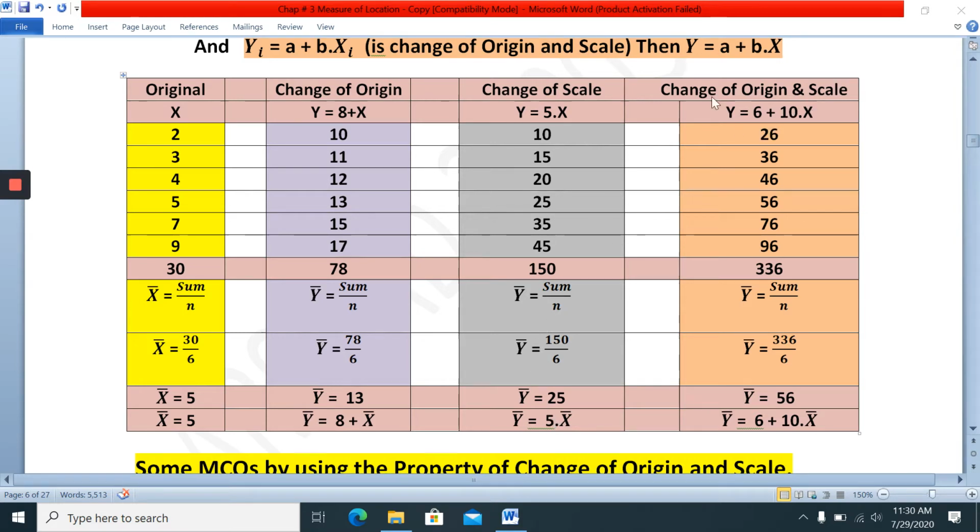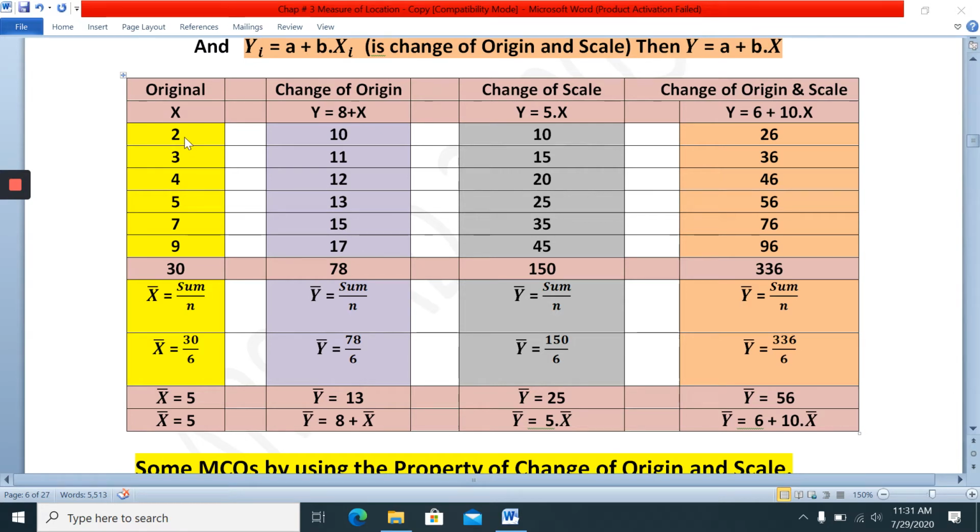Now here, change of origin and scale are both done together. Origin means adding something. Scale means multiplying something. So y is equal to 6 plus 10 times x. It means first multiply 10 with x, then add 6. So first multiply 10 with x.